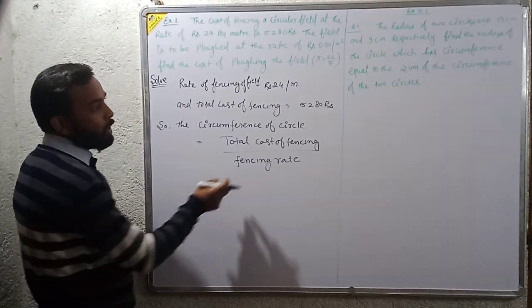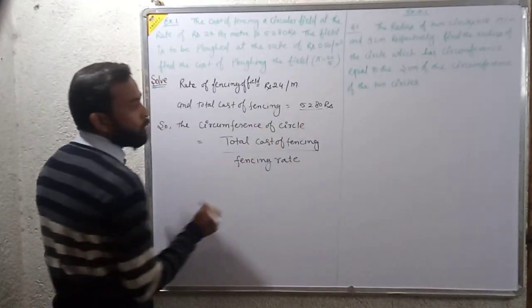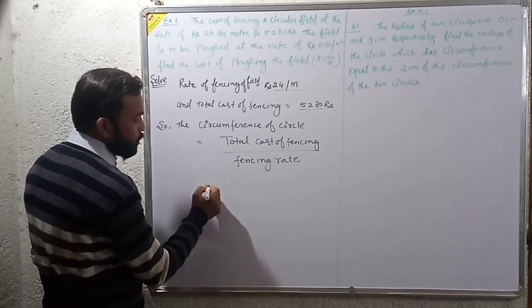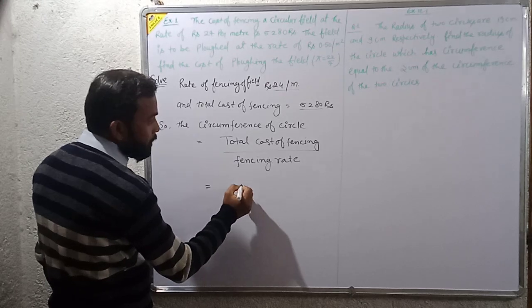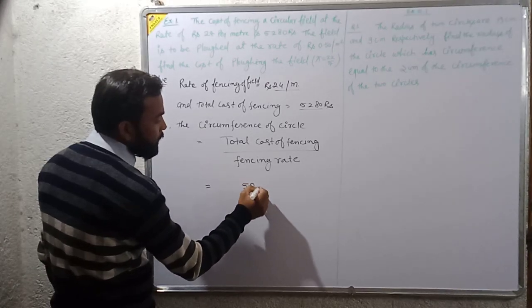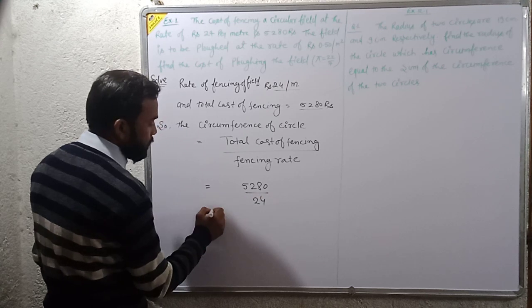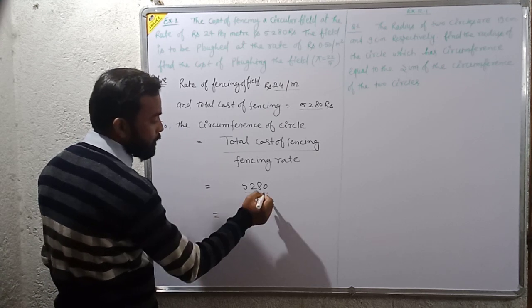Here the total cost is equal to 5280 and the fencing rate is 24. So 5280 divided by 24 is equal to the circumference.